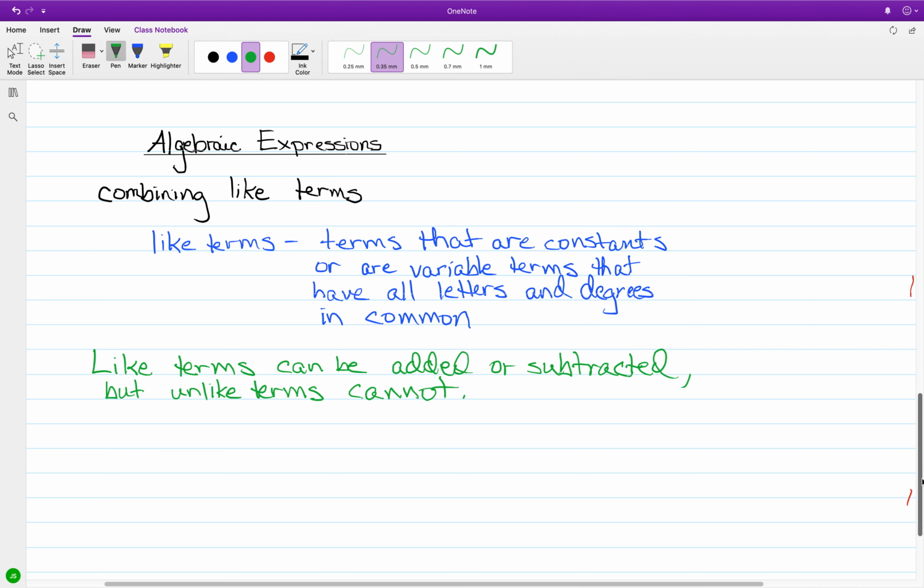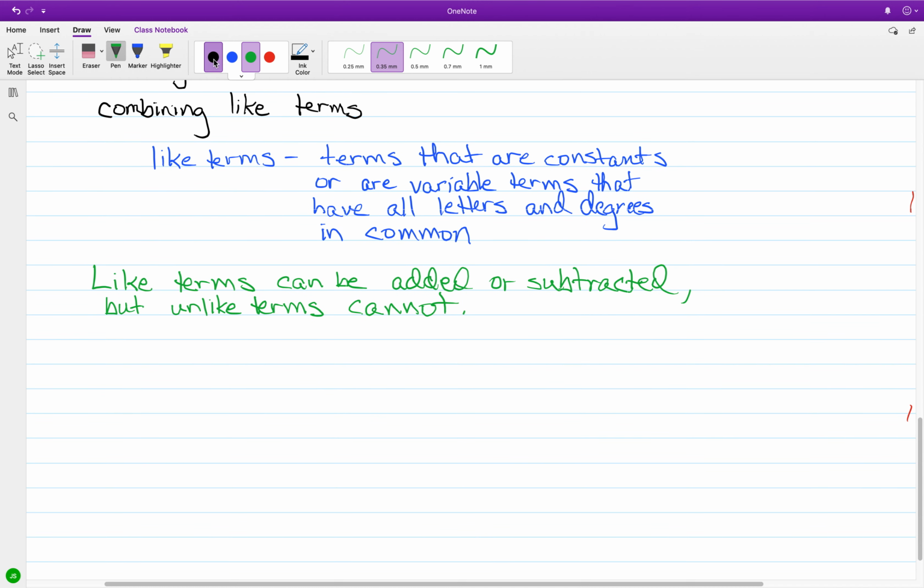Now, in terms of classifying whether we have like or unlike terms, we'll say in the first case, if we have constants like the numbers -5 and 17.